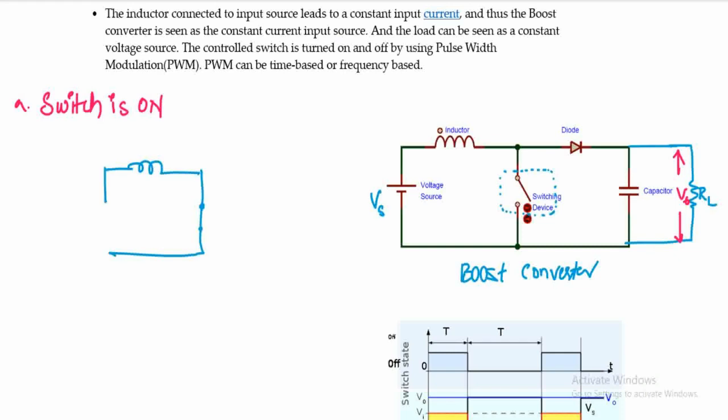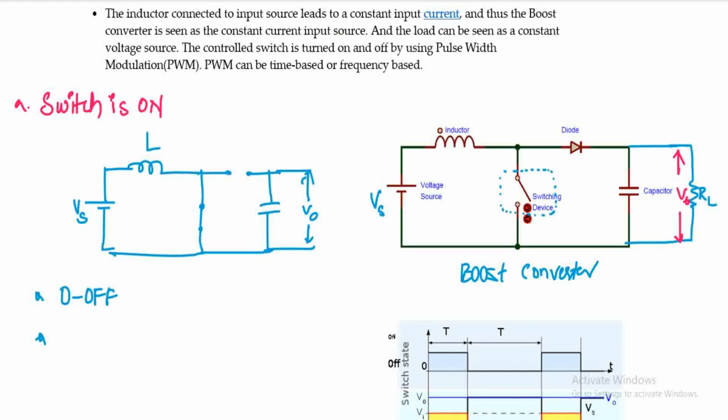Here the voltage source is connected to the inductor and there is no voltage across the output, so there will be no output voltage. That means the diode will be in off position. The inductor will have some magnetic field once it is connected to the source. Let us say this current is IL, which flows through the inductor.